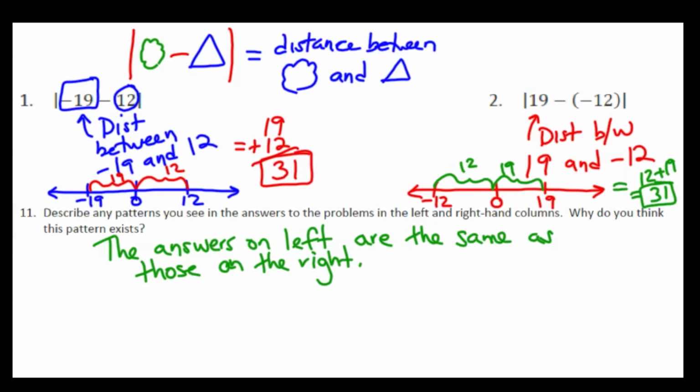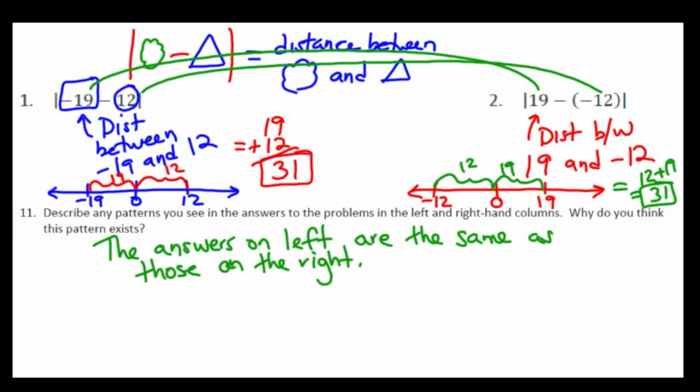Well, what we notice is we're finding the distance between two numbers. And if we compare the 19 with the negative 19 in question number 1 compared to question 2, and then the 12 and the negative 12, in each of these problems we're finding the distance between numbers that are opposites of each other. Therefore, the distance is going to be the same.